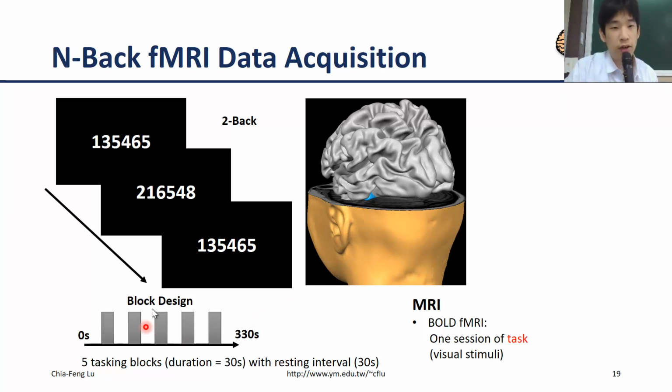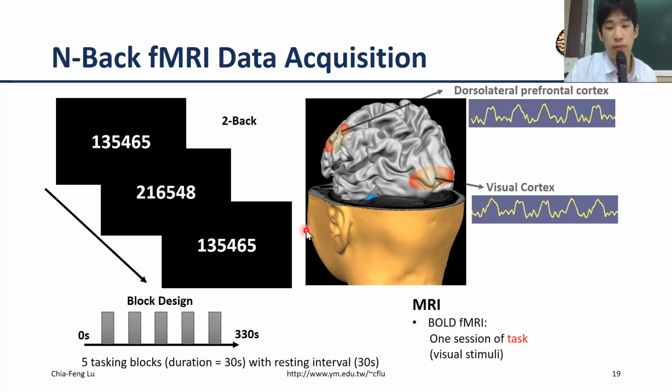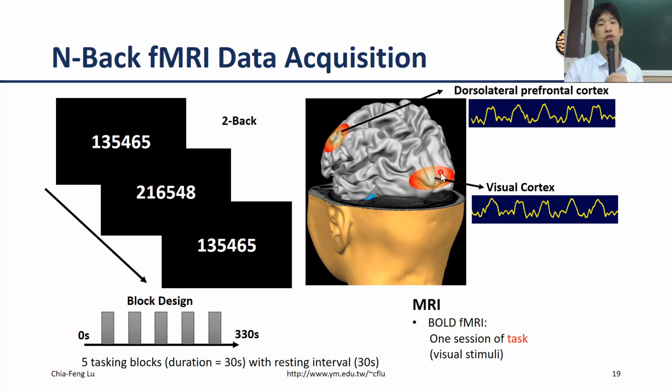And again, during this kind of block design, we may anticipate that some brain regions will exhibit an fMRI BOLD pattern consistent with our experimental design. In this case, we may anticipate that of course the visual cortex may have a pretty similar pattern because we use visual stimuli.